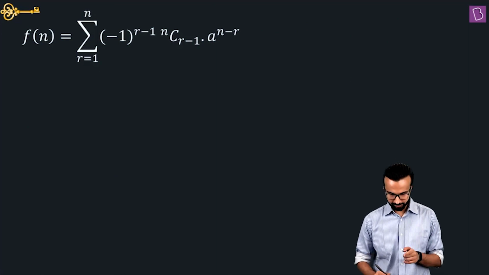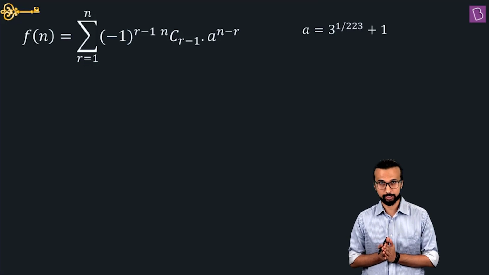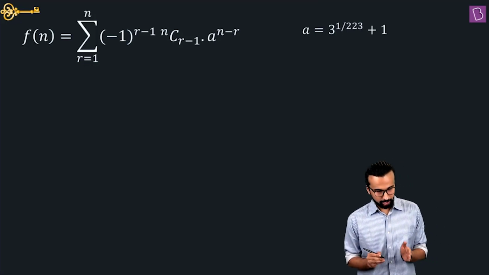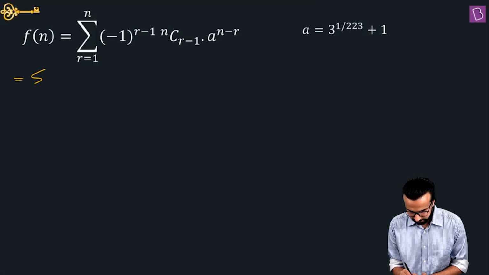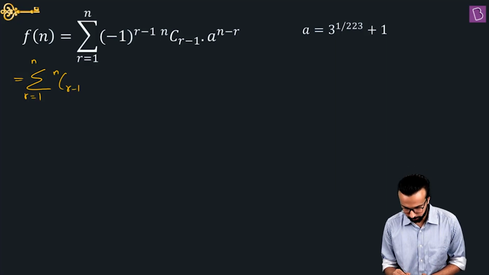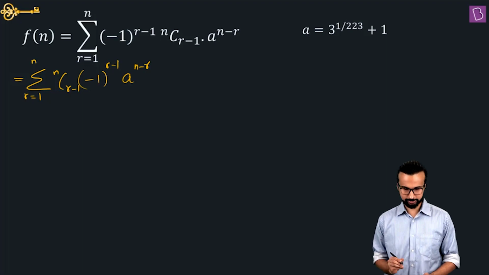Okay, for that, we have a equal to 3 raised to 1 by 223 plus 1. Alright, so here, how do I deal with this? I can write this as sigma r equal to 1 to n nCr minus 1 into minus 1 power r minus 1 into a power n minus r.